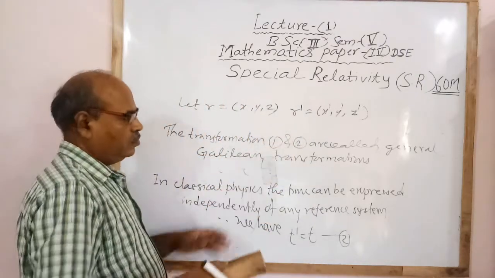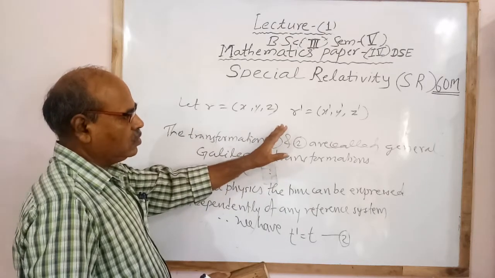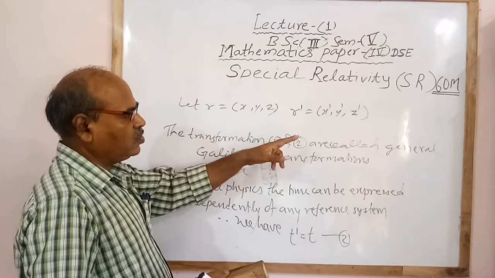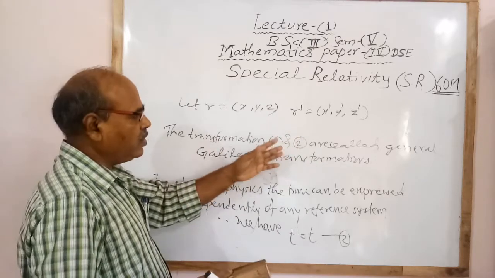Now in the figure, the O dash moves in the direction of common x dash axis with velocity v.